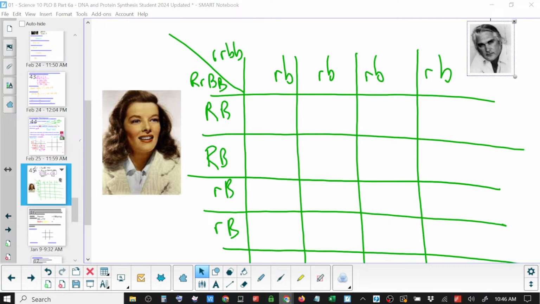Is this right? I don't know anything about it. Red-handed and blue. I don't know.